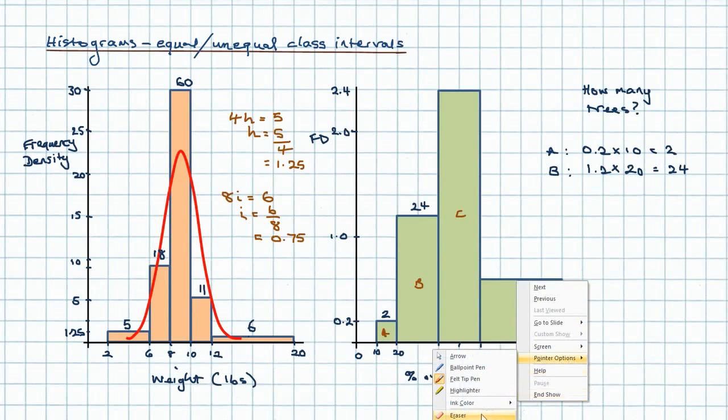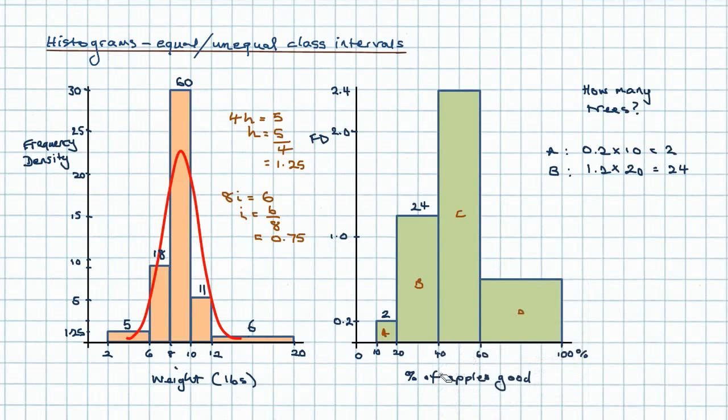Okay, now let's look at this category here. You can just make it clear that it's between 40 and 60 here. So class of trees that have 40 to 60% apples that are good, that are eatable. So our height is 2.4 times our width, which is 20 again.